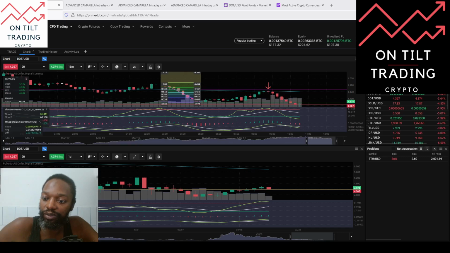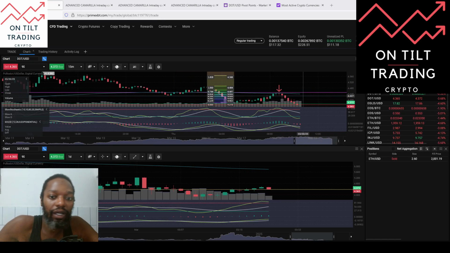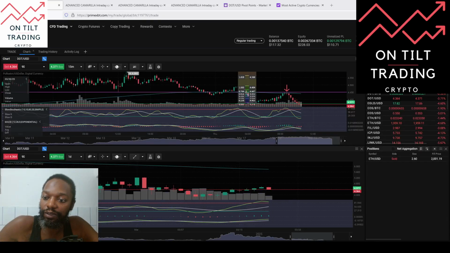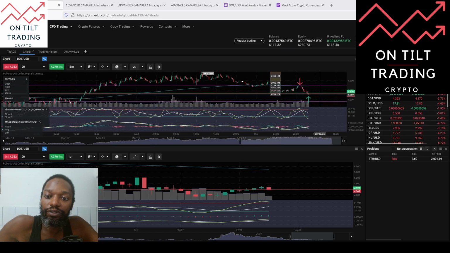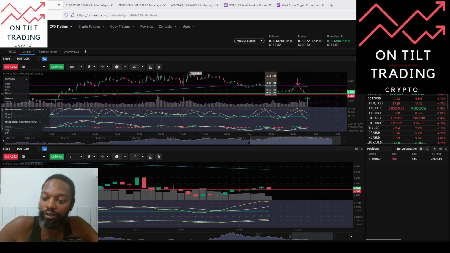So it is possible that there could be more selling, or we could just be done here at this level. But this particular trade idea was an S4 to an S6 traverse, and I'll zoom out, this level here where I took profits, this is the S6 level.